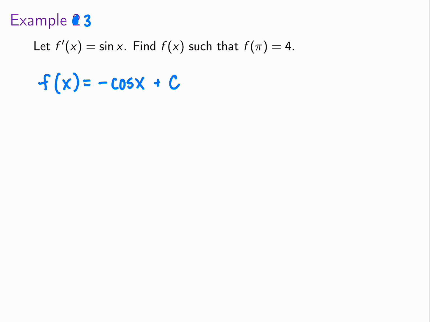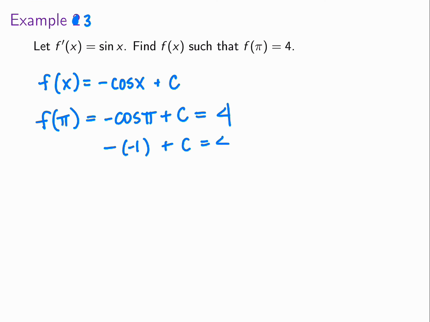All right, my initial condition tells me that f of pi, which is negative cosine pi plus c, would have to equal 4. So let's solve for c. What is the cosine of pi? The cosine of pi is negative 1. So negative negative 1 plus c equals 4, so that's 1 plus c equals 4.